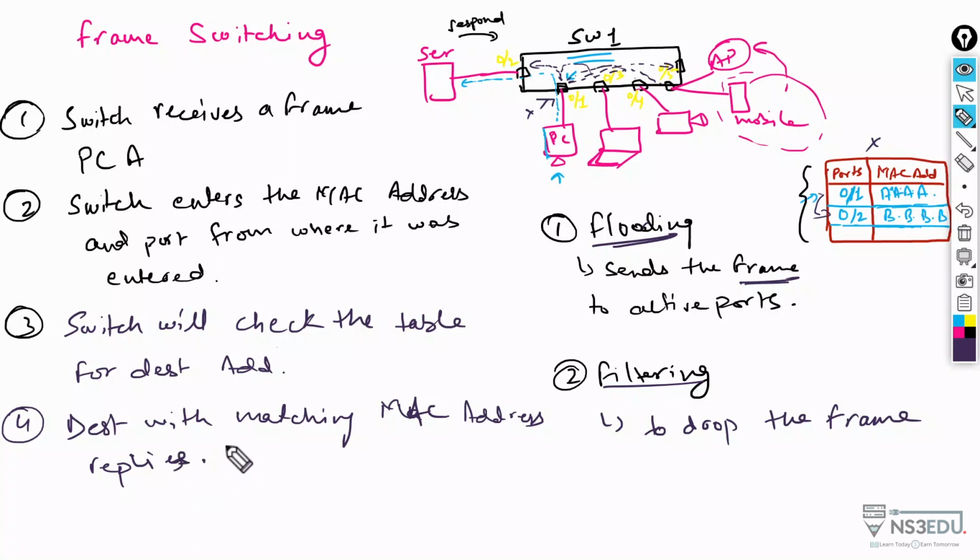The destination with the matching MAC address will respond to the packet here. So let's say the server is the destination here, and the server will respond with its MAC address to the switch.